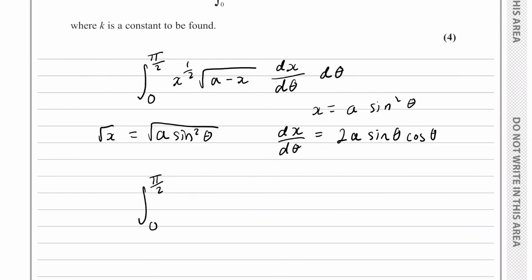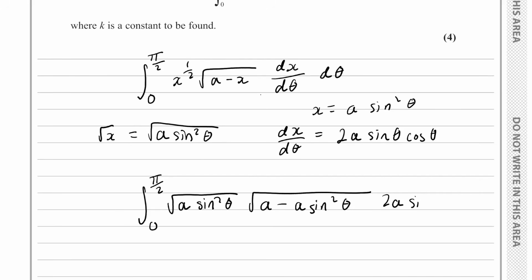So x to the power of a half is the square root of a sine squared theta. Then we've got the square root of a minus x, which is a sine squared theta. And dx d theta is 2a sine theta cos theta, and that's with respect to theta.